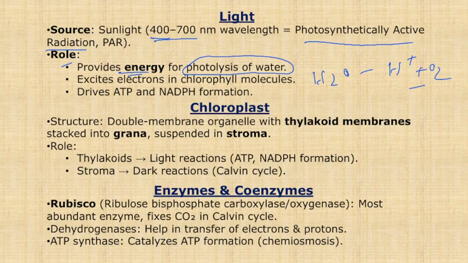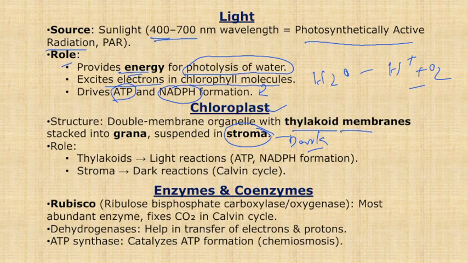Other than that, it excites the electron in the chlorophyll molecules and results in the formation of ATP and NADPH. The chloroplast structure we have also discussed: the thylakoid membrane where the light reaction takes place, and the stroma where the dark reaction takes place.